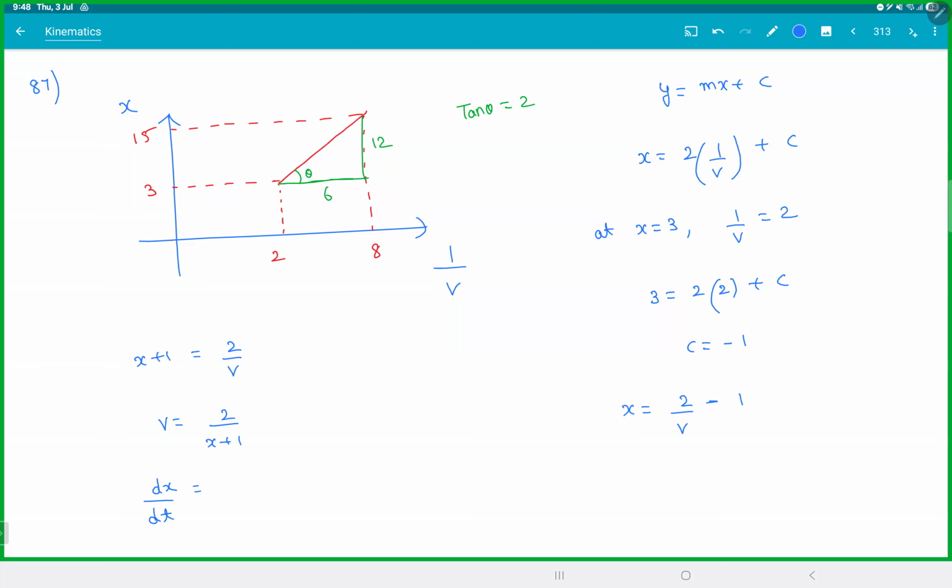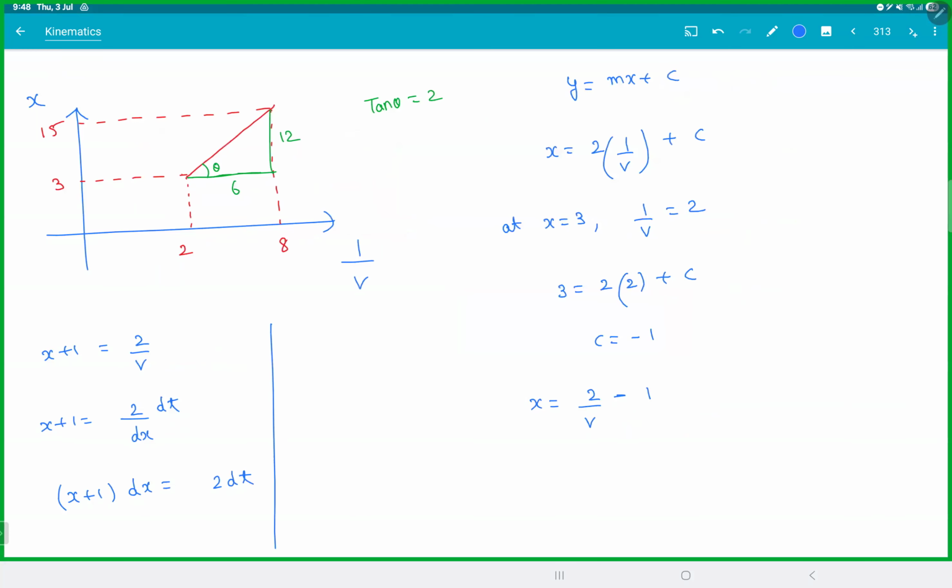I'll just do one thing here. I'll write it here only. X plus 1 is 2 by dx by dt. Send that dt that side. So it will become x plus 1 dx is equal to 2 dt. Integrate on both sides. Yeah, just a mathematical function there.